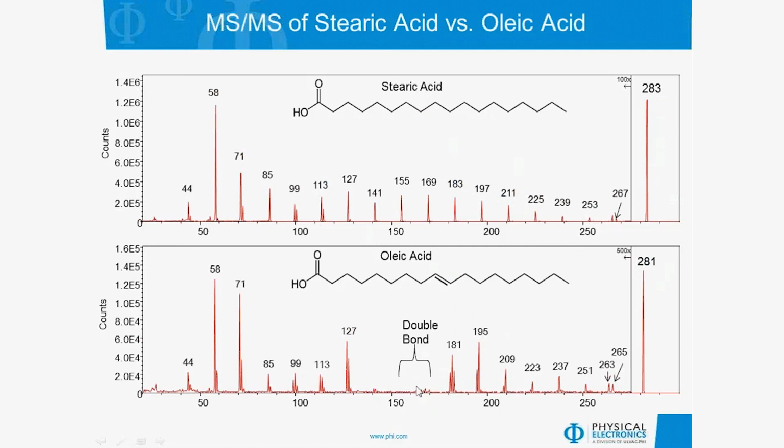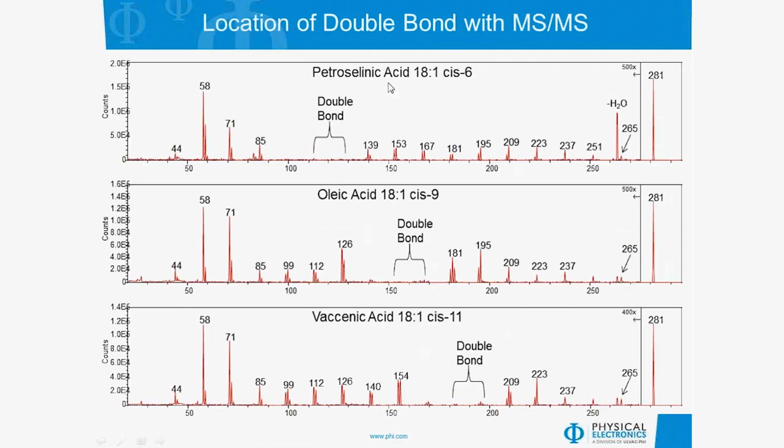So you can clearly identify the position of the double bond. And then to see if that's consistent, we compared these 3 carboxylic acids, and that same trend held for all 3. So now we've added the ability to distinguish these 3 fatty acids from each other.